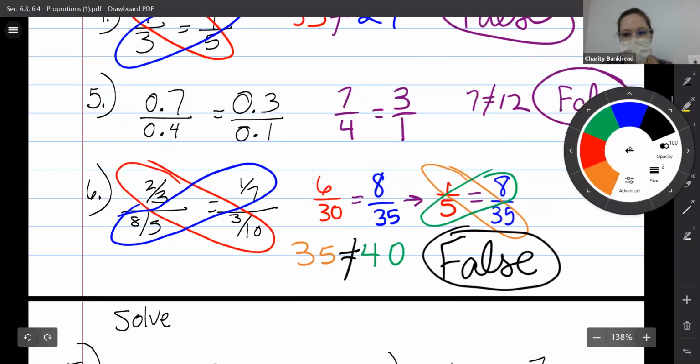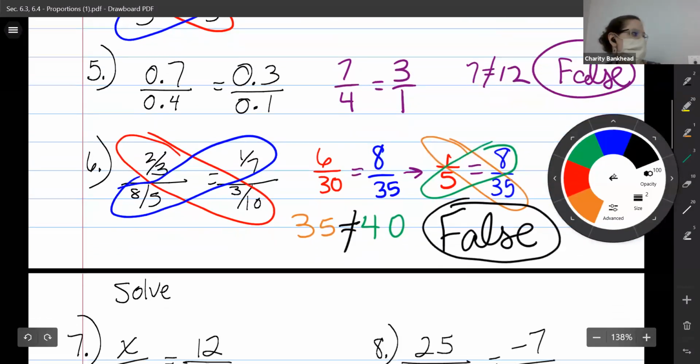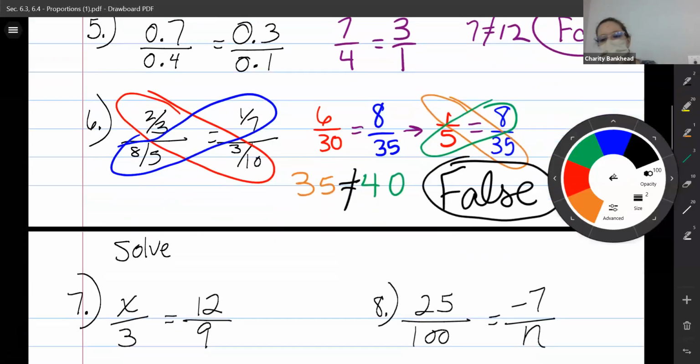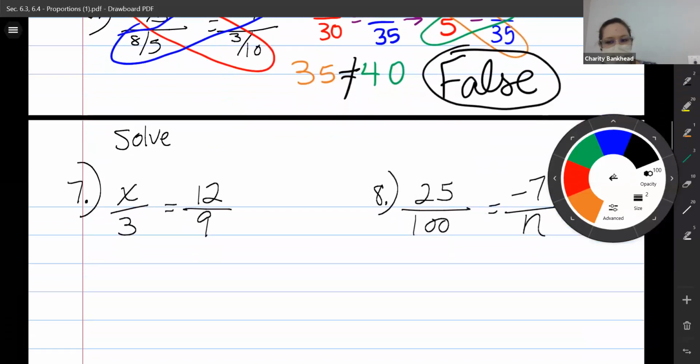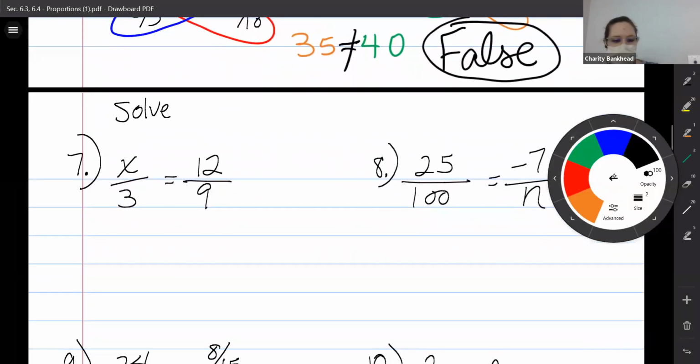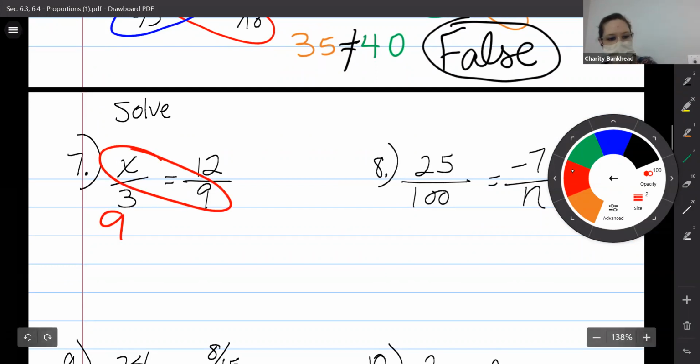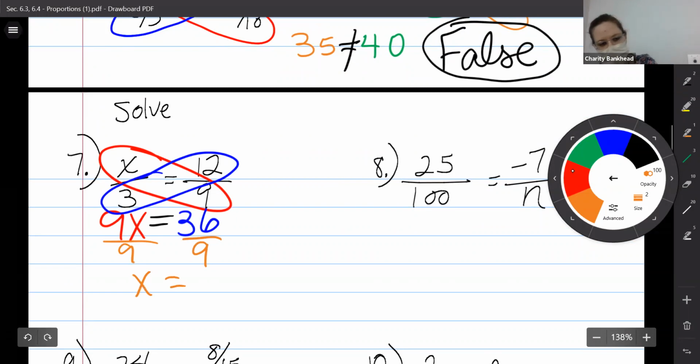Okay, so now the really important part, which is actually solving the proportions. I will pretty much do that by cross multiplying. So number 7, x times 9, that's 9x. 3 times 12, that's 36. So 9x equals 36, and then just divide both sides by 9. So x equals 4.